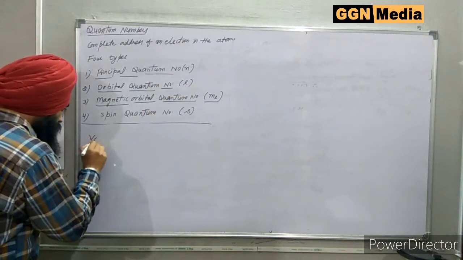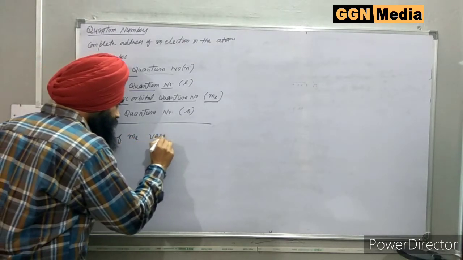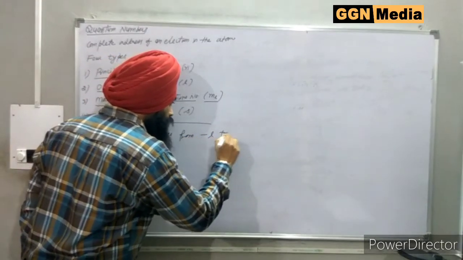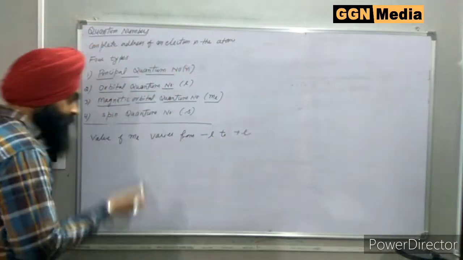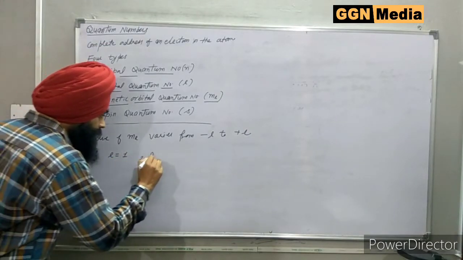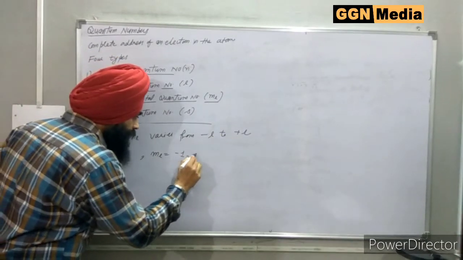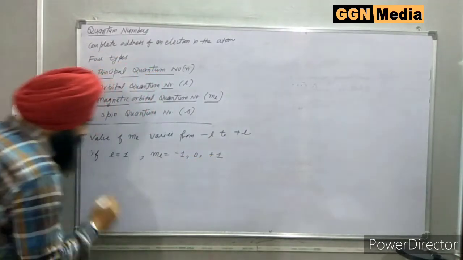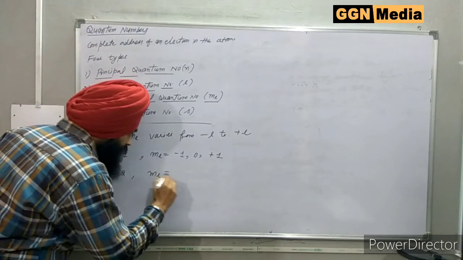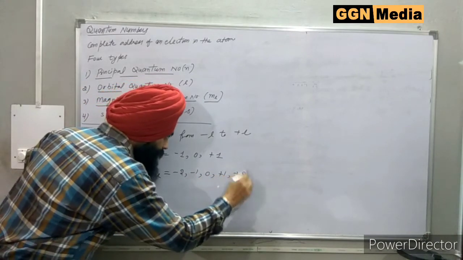The value of ml varies from minus L to plus L. If L is equal to 1, ml is minus 1, 0, plus 1. If L is equal to 2, ml is minus 2, minus 1, 0, plus 1, plus 2.